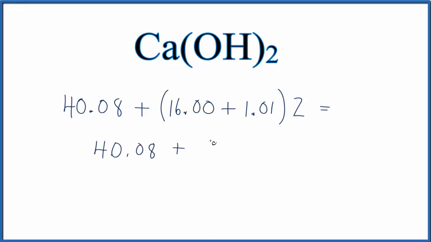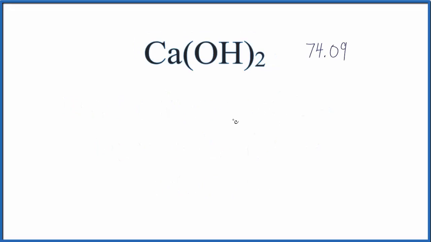When I do this, I'll get 40.08 plus 17.01 times the 2, and then my final molar mass will be 74.09 grams per mole. To figure out the percent composition by mass for the hydrogen in this calcium hydroxide, we have hydrogen with a molar mass of 1.01 grams per mole. And this 2, it applies to everything.